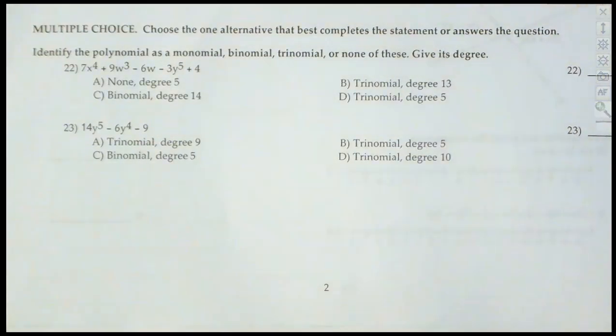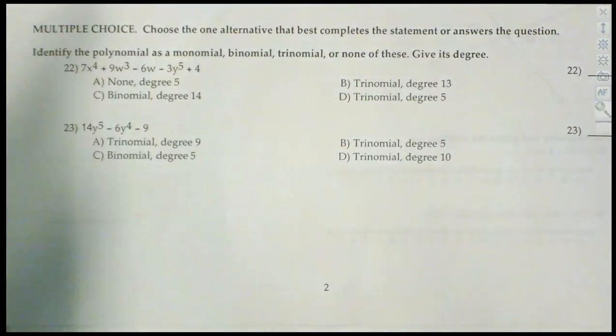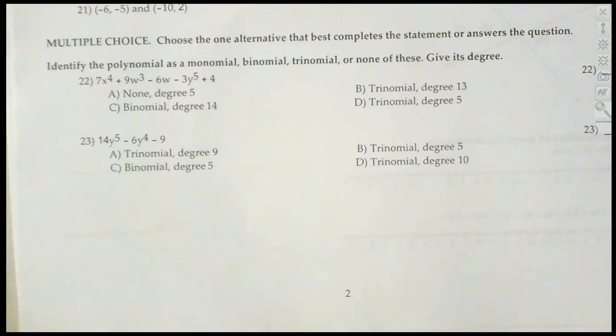So on these, all we need to do is decide how these are classified, and then what the degree is. So what would this one be? Well, when we look at it, it doesn't matter the variable for the degree. Now, our choices for the number of terms are monomial, binomial, trinomial, or none of them. Now, 1 term, 2 terms, 3 terms, or more than 3.